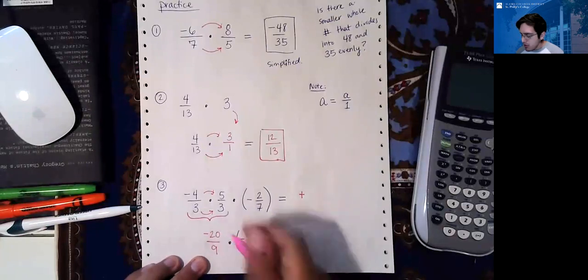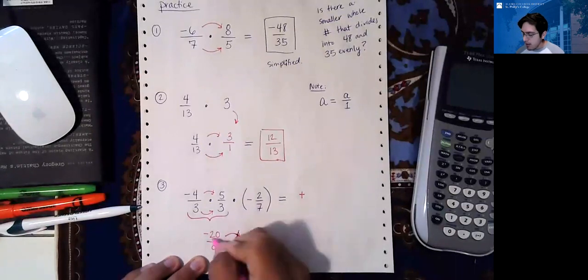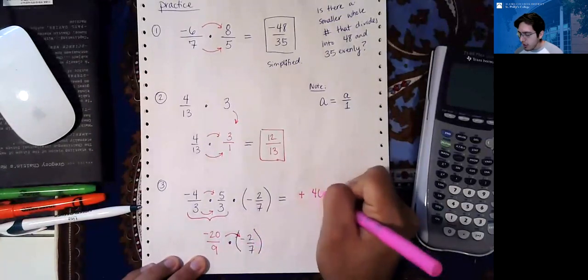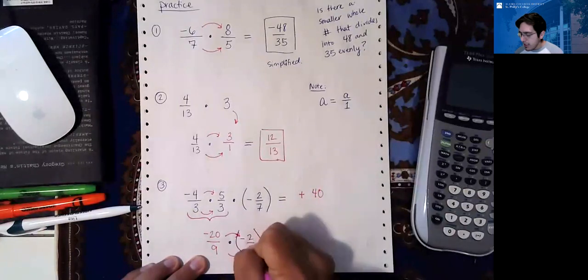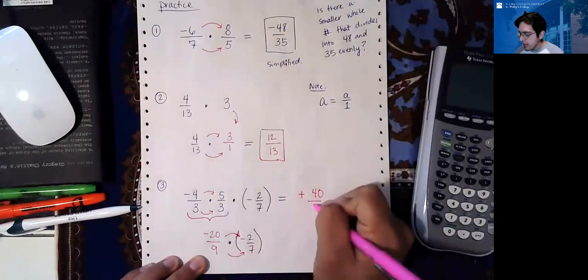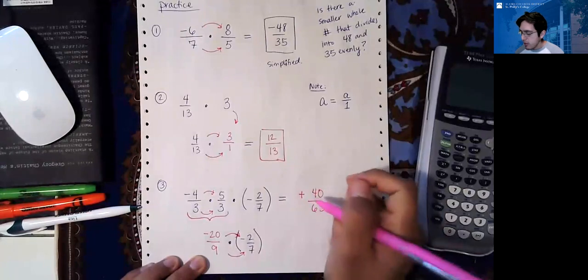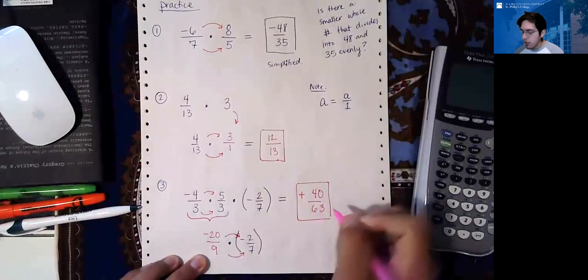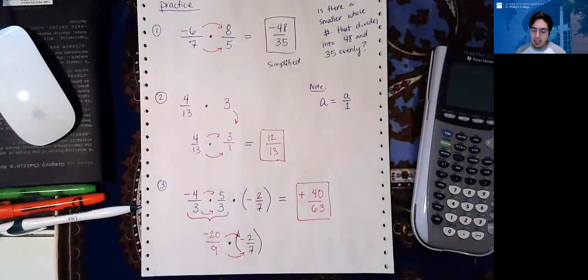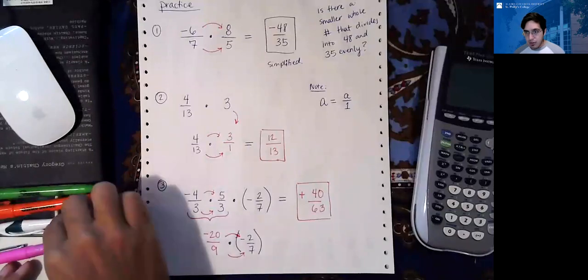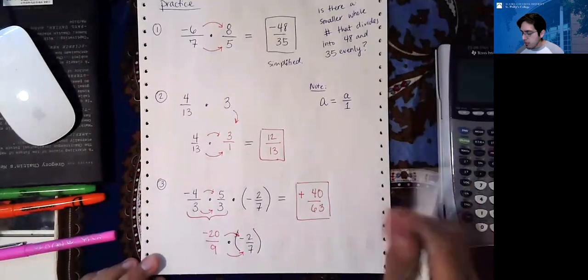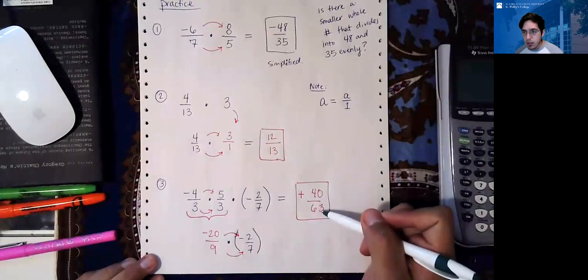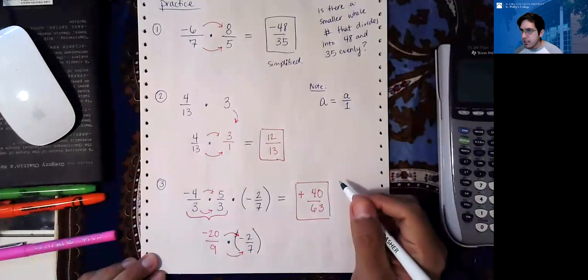But then we just multiply straight across yet again. 20 times 2 is 40. And 9 times 7 is 63. So our answer should be positive 40 over 63. And again, you don't have to put the plus sign. Again, we have another case here where if you tried to reduce 40 over 63, it's not going to reduce.